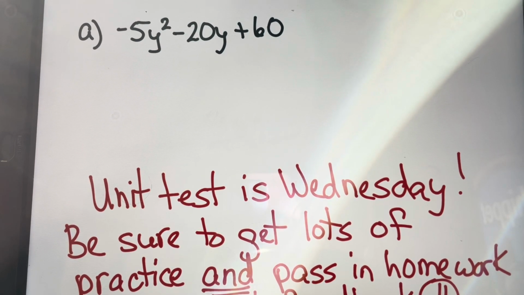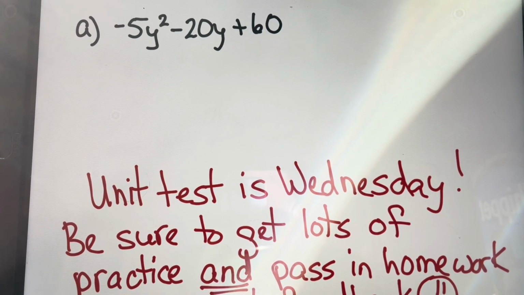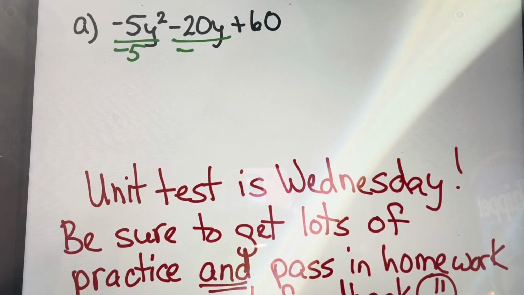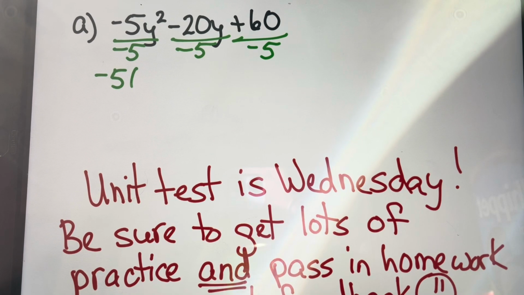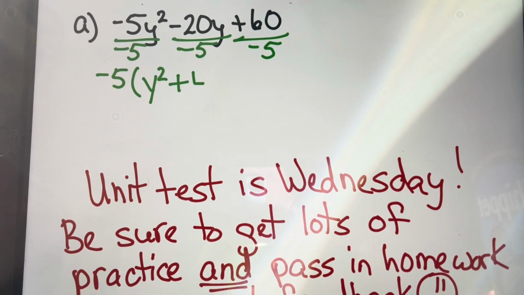One more example. Now we have a negative 5 in front. So I'm going to factor out greatest common factor by dividing every term by a negative 5. So that means I have negative 5 in front of brackets. I now have a y squared. Negative 20 divided by negative 5 leaves me with a positive 4y.